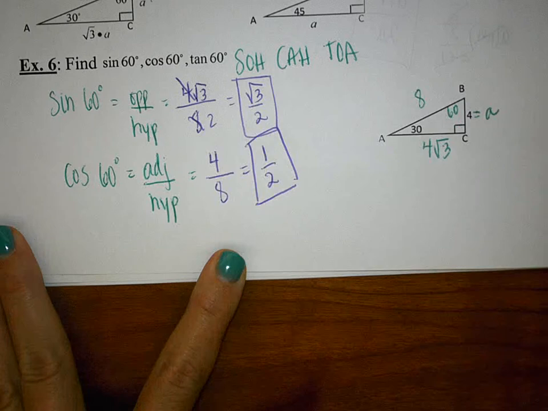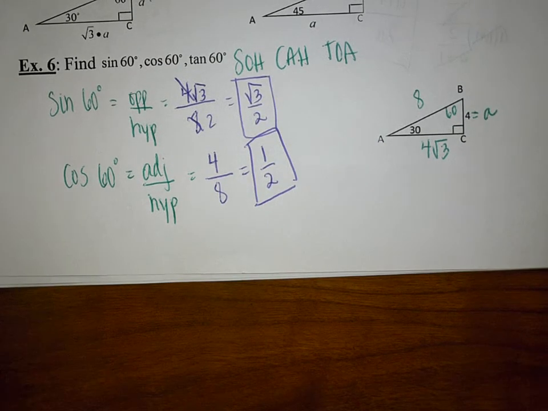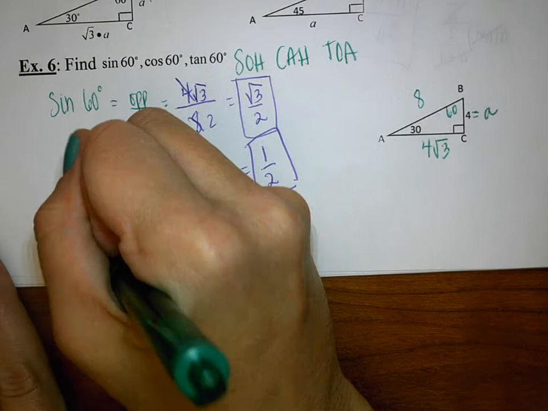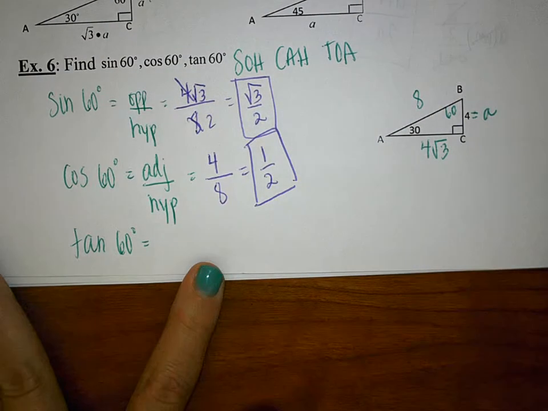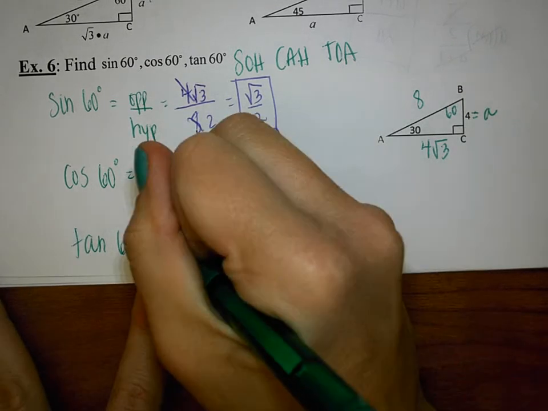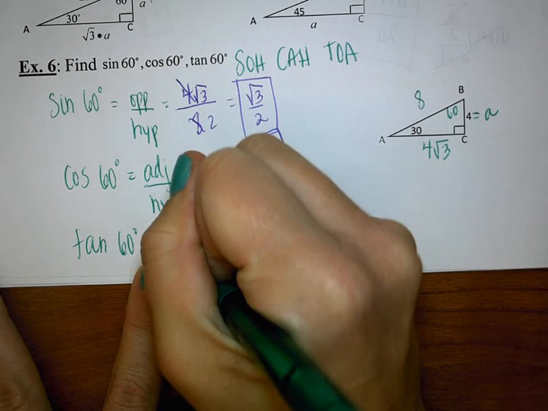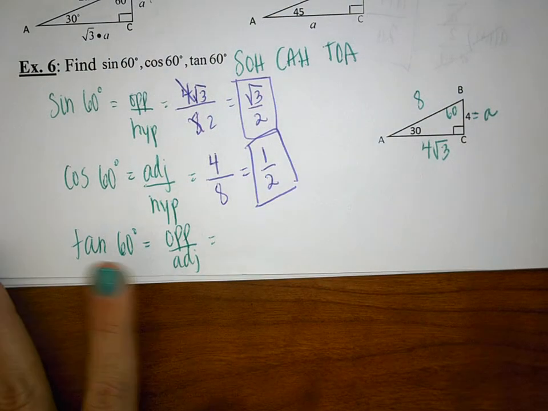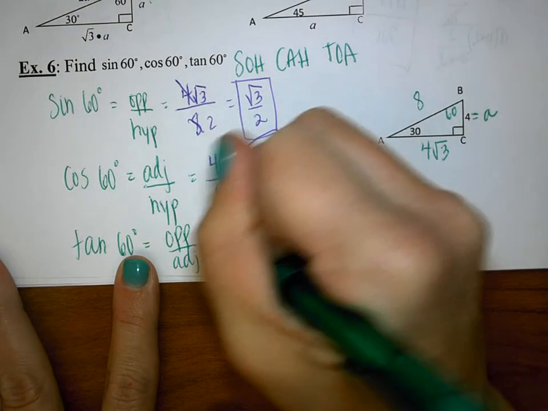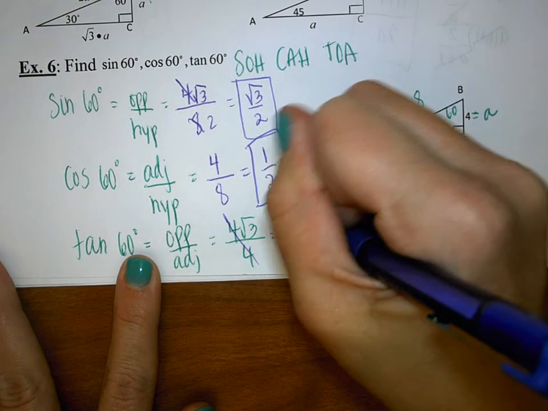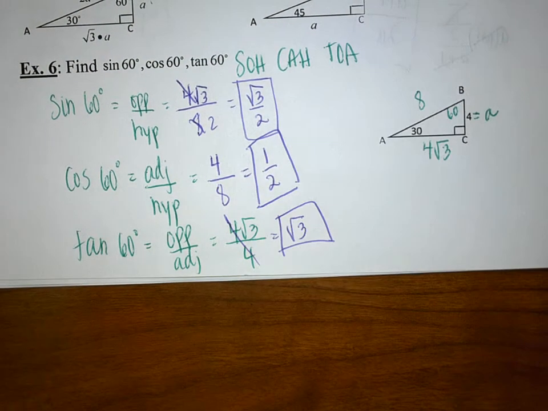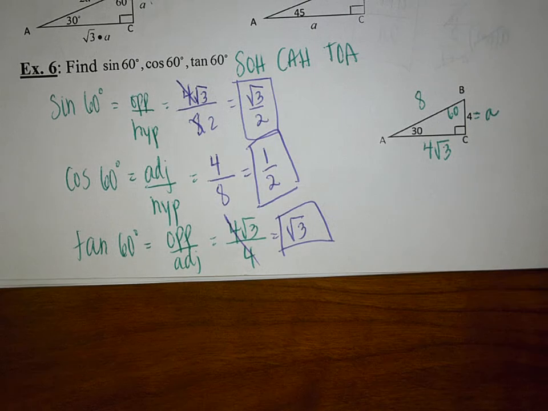And then last, we have the tangent of 60. So tangent is what? Okay, and what's opposite? And adjacent? And those reduce, and my answer is root 3. Okay, questions? No?